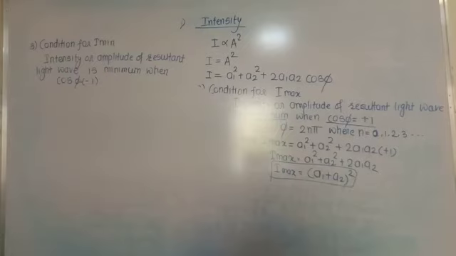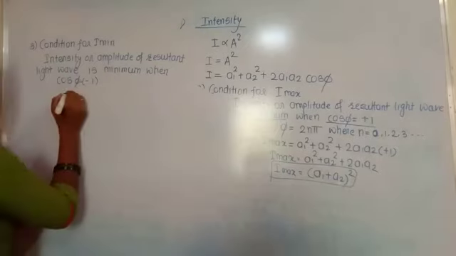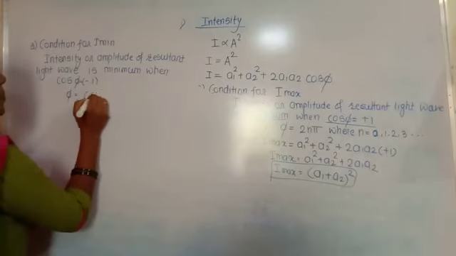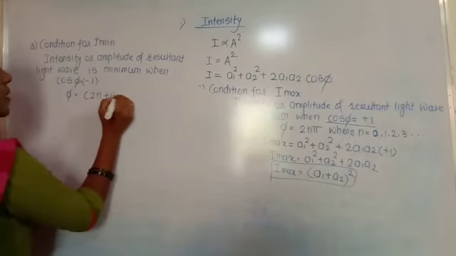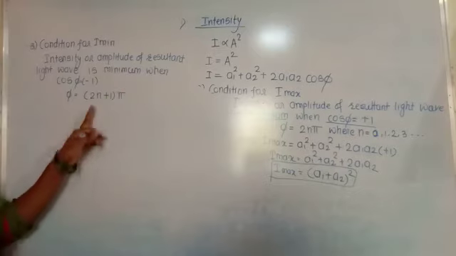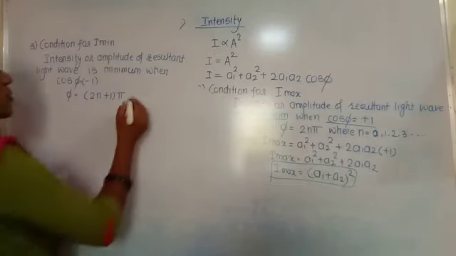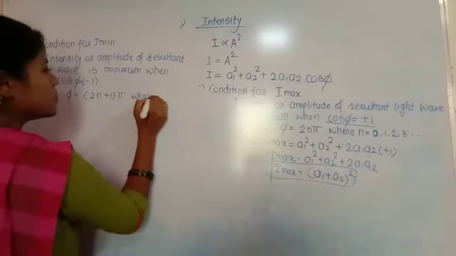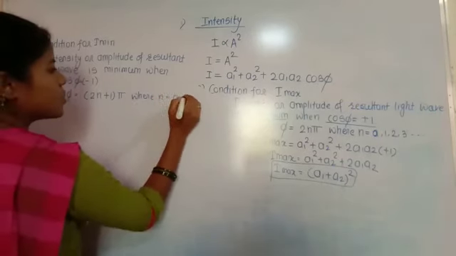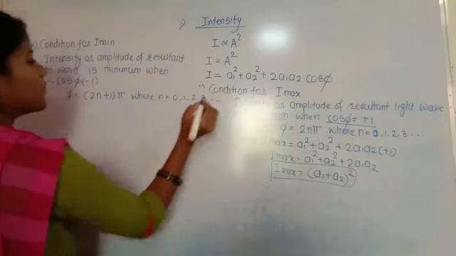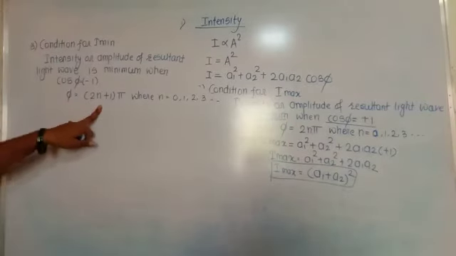So cos of phi minimum means phi is equal to twice n plus 1 of pi, that is the odd integral multiple of pi, where n is equal to 0, 1, 2, 3. Okay, twice n plus 1 pi.